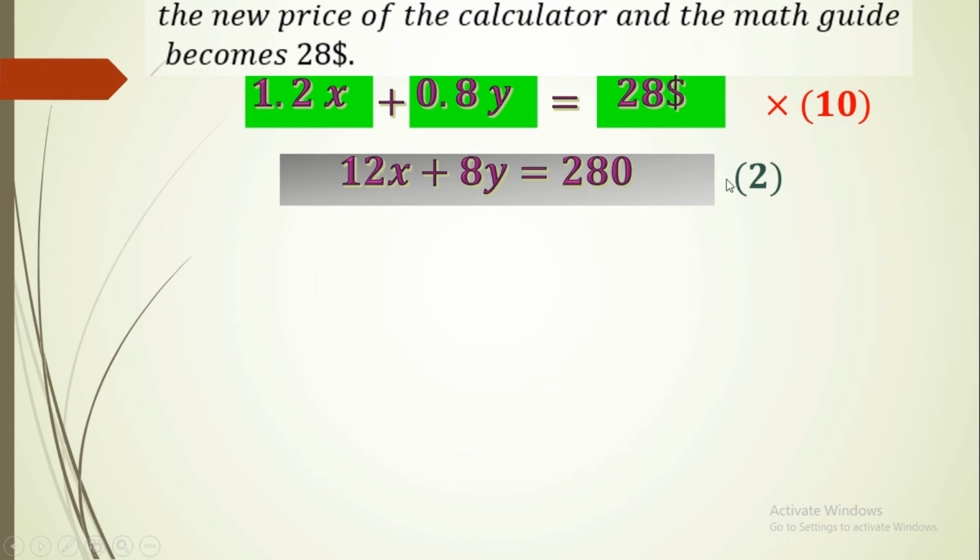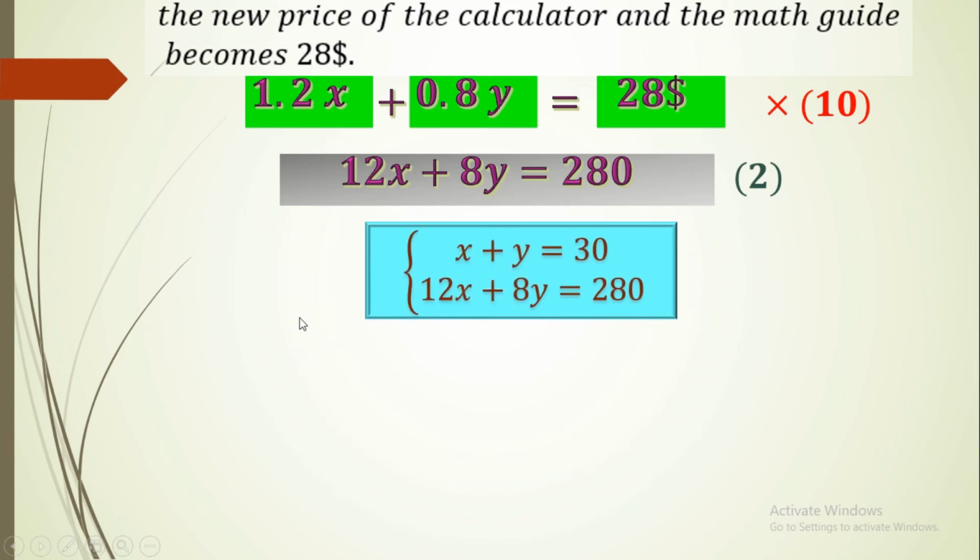This is the second equation in the system. So the system modeling the information is x plus y equals 30 and 12x plus 8y equals 280.